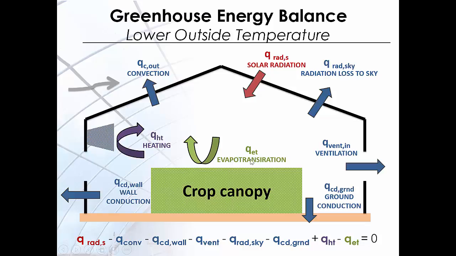So when the outside air temperature is lower, at steady state, we can redefine our greenhouse energy balance, as you can see with this equation, considering all the energy gains as well as the energy losses from the greenhouse system.